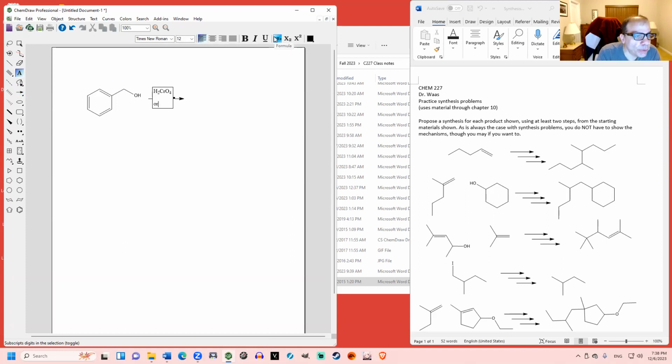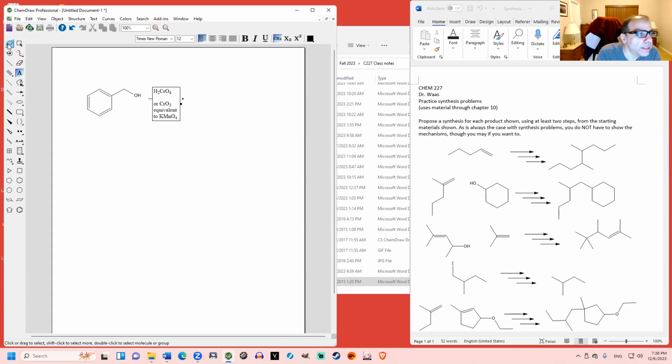This can also be written as CrO3. It's the same thing. H2CrO4 is what you get when you take CrO3 and add H2O. You get H2CrO4. This is an equivalent reagent to KMnO4.